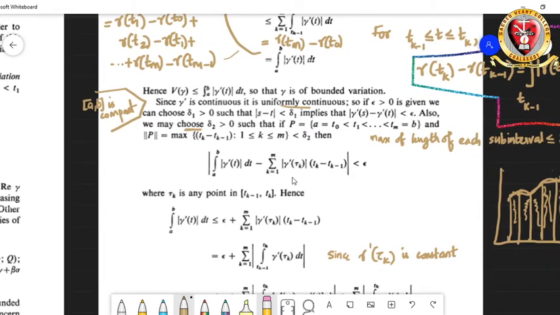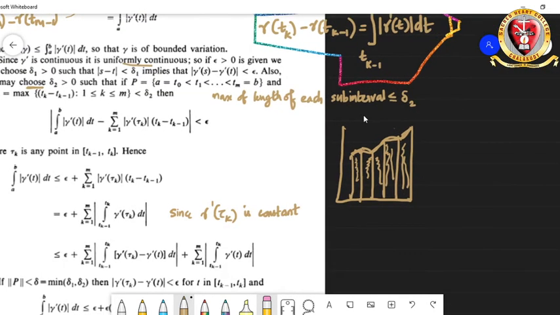Consider this part: if you have a function like this, we know that the area under the curve is the whole area under this part. Instead of that, we are going to make them into smaller rectangles.